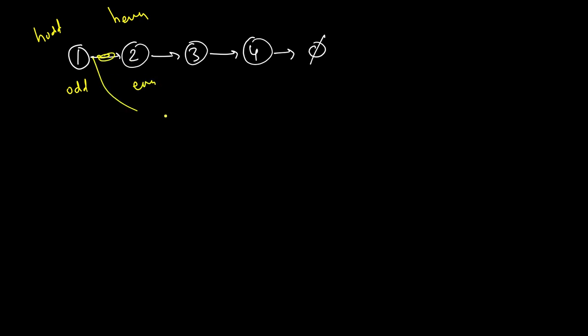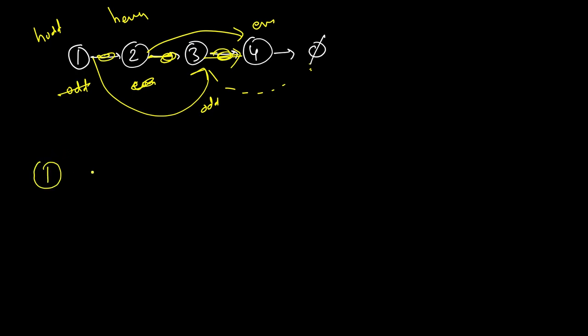So we make this point here, and now odd comes here, and we make this point here, and even comes here, and again we make this point to here, but we will not do this. When we see that even's next is null, then we will not do this. So we will stop here.